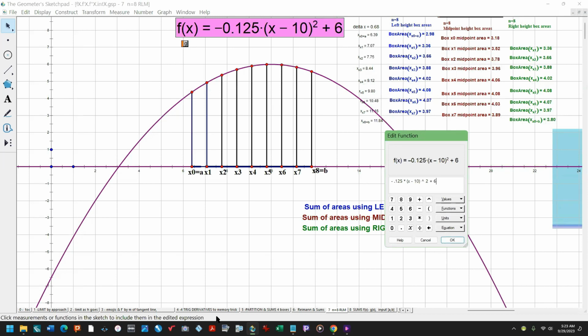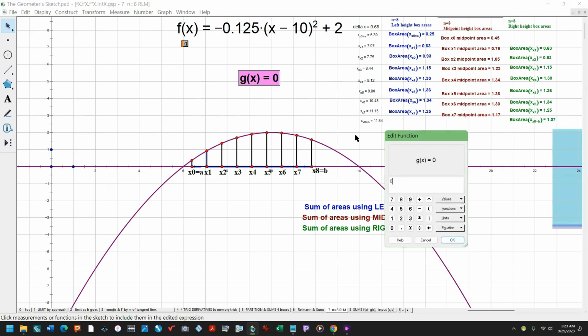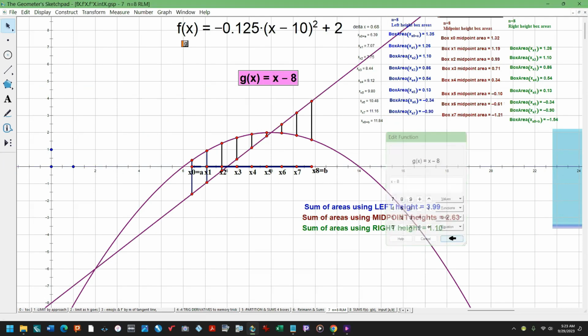Let's just make it plus 2. Brings the whole curve down, and I can get fancy. Here, G is 0. Let's make G 1. No, let's make it even more interesting. Let's make it a line. There it is.